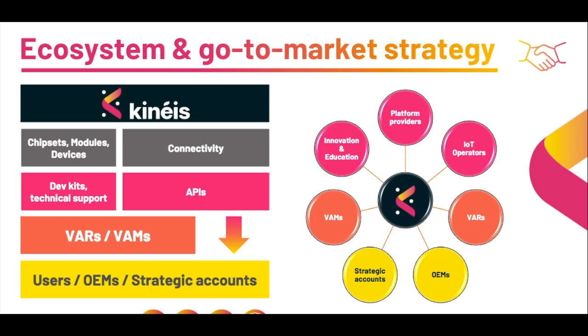So for the connectivity, the tools to integrate the connectivity would be the APIs, the application programming interface. And the tools for the products, chipset, modules, and devices would be dev kits and technical support.